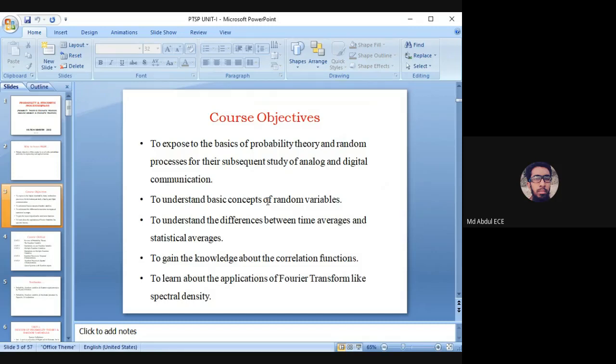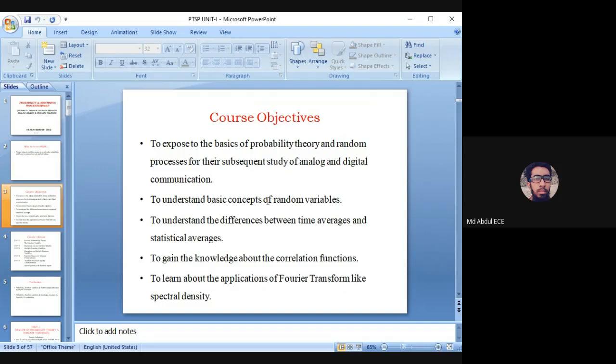When we go to the syllabus of P and SP, I'm preparing you to listen to all these P and SP subject videos. I have prepared 5 course objectives, which resemble the syllabus of our P&SP, as the syllabus contains 5 units.